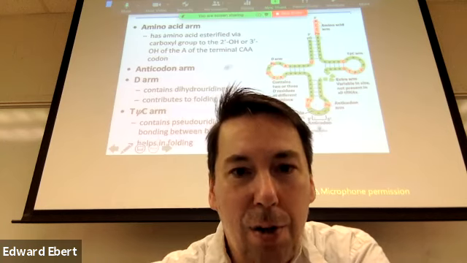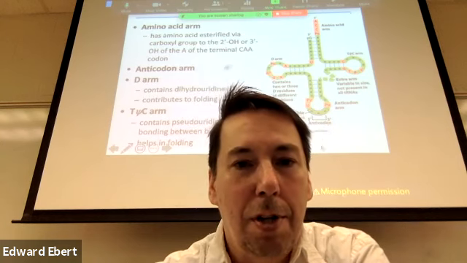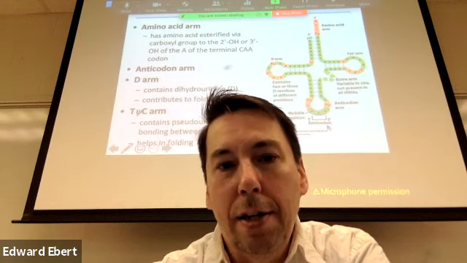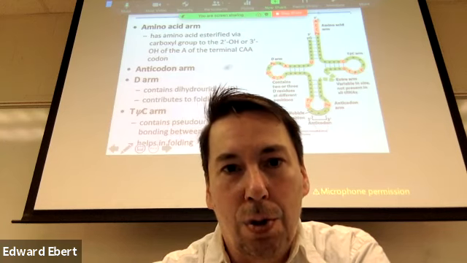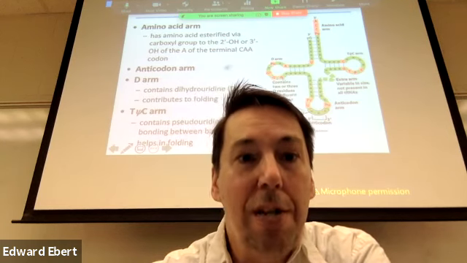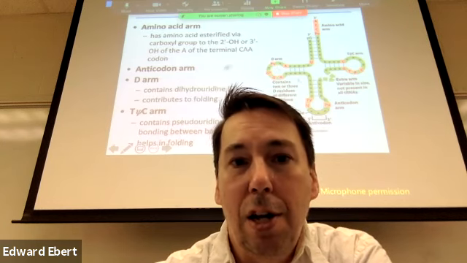We have our anticodon arm on the opposite side here in our 2-dimensional structure. And this will be the one that will recognize the mRNA, so that corresponds with whatever amino acid is acylated in there. We have our D arm, so named because it has dihydrouridine, and it helps with the folding.